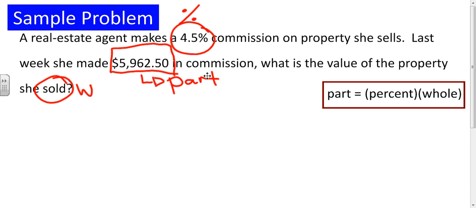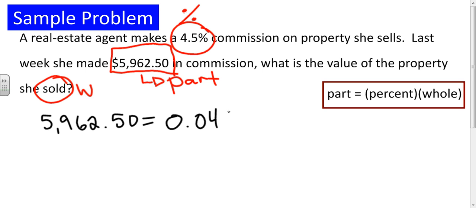So I'm going to set up my equation. Part, which is $5,962.50, is equal to the percent. And I'm going to change this percent to a decimal by moving the decimal point over 2 places to the left, times the whole. And the whole is what I don't know. That's what I'm looking for, the value of all the property she sold. So to solve this, I just want to divide both sides by the coefficient.